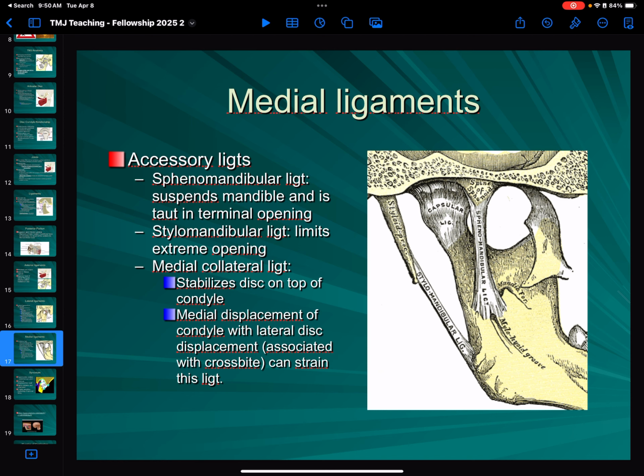So as far as function, the main ligament, the temporomandibular ligament, sustains or suspends the mandible. I'll get into that a little bit later. So these are the accessory ligaments here. So again, why do we have the styloid process?